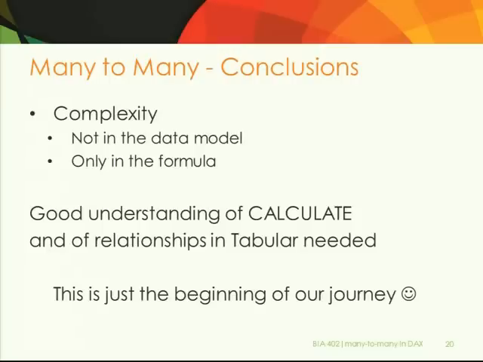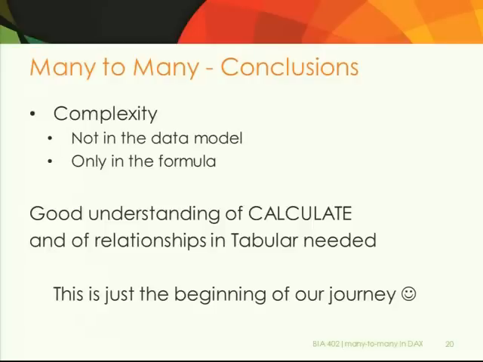In tabular, this is no longer the case. If you want to compute a measure that traverses the many-to-many relationship, you have to put the complexity inside the formula. If you have 50 measures, it means that you have to modify 50 measures so that the many-to-many pattern works inside each of these measures. This is painful, but this is life. There's nothing that we can do to change the behavior.